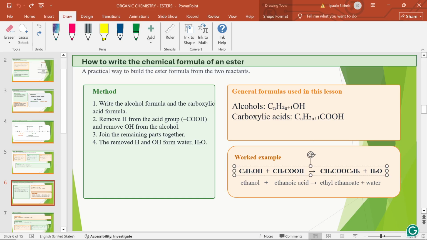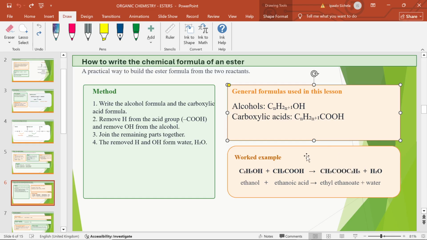Then remove OH from the alcohol. After you remove OH from the alcohol, you join the remaining parts, so you join this part and this part, and it should look like this one here.